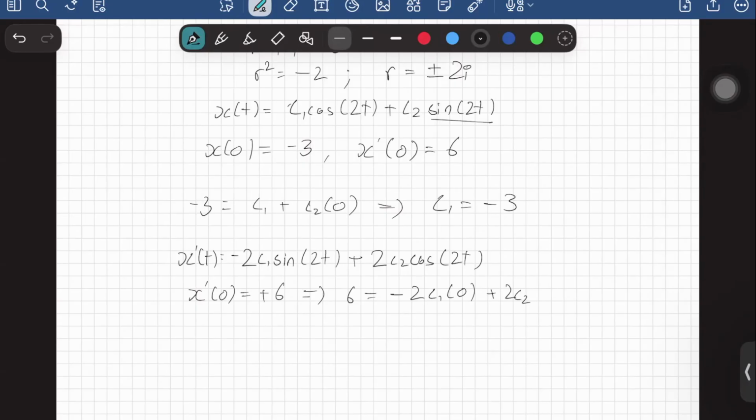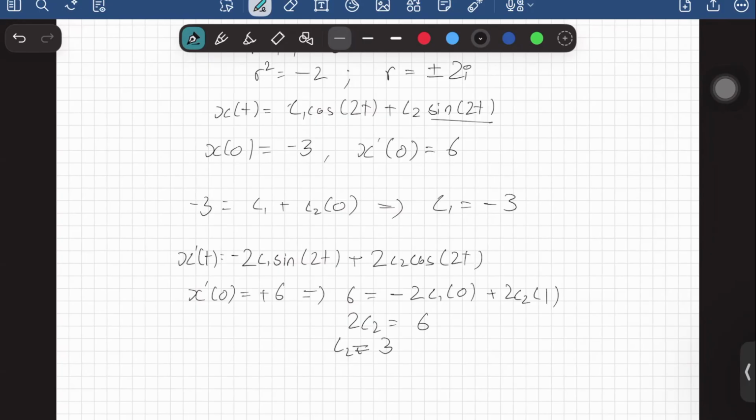Plus 2c2, cosine of 0 is 1, so this is just multiplied by 1. So we have 2c2 equal to 6, so our c2 is equal to 3.